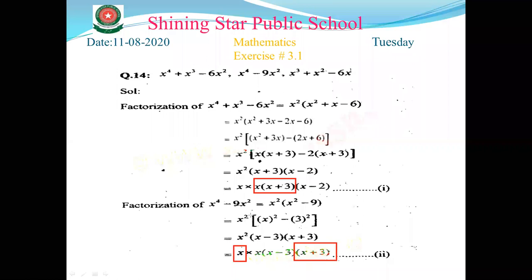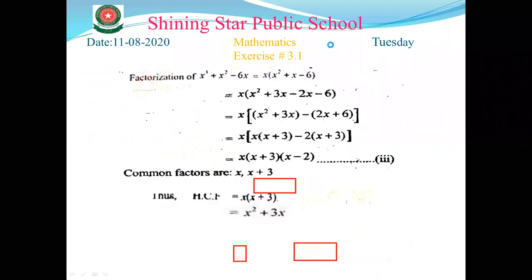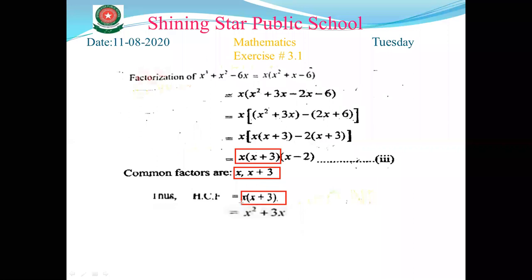And from the third, we again have x plus 3 and x. So it means x and x plus 3 are the common factors, and for the HCF we multiply x with x plus 3, it becomes x^2 plus 3x, which is the HCF of this question.